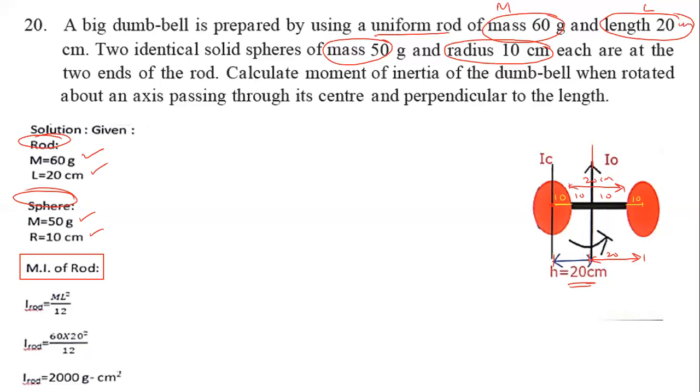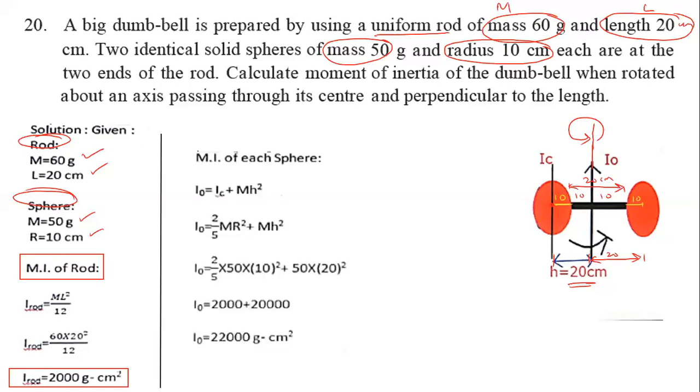About an axis passing through the center of the rod and perpendicular to its length, the formula is ML square by 12. M is 60 multiplied by L is 20 square divided by 12. After solving this, we get 2000 gram centimeter square as the moment of inertia of the rod.